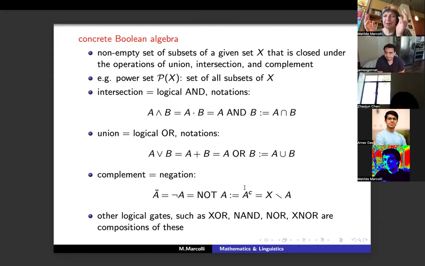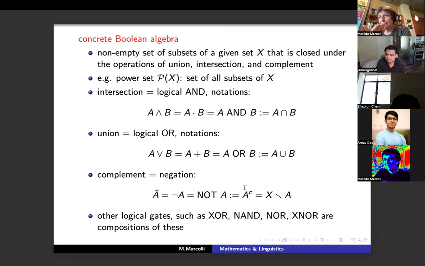A concrete Boolean algebra is very easy to realize. You take a given set, look at the subsets of that set, and look at the usual set theoretic operations of union, intersection and complement.